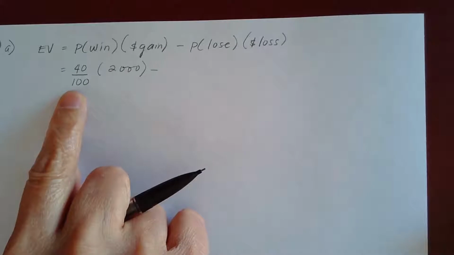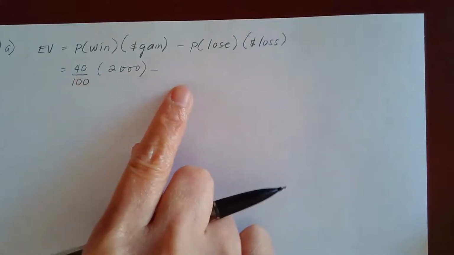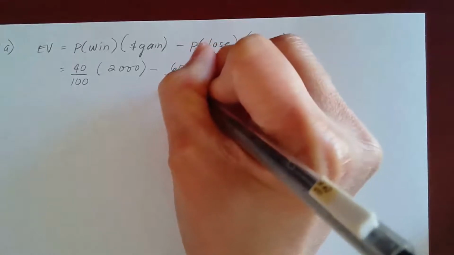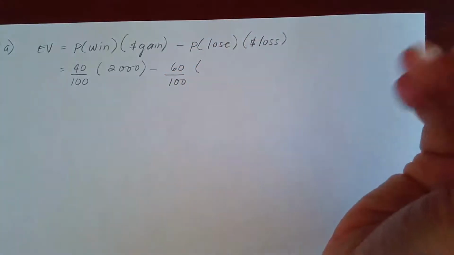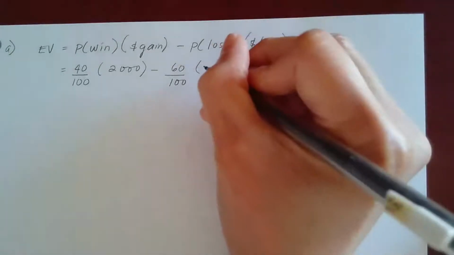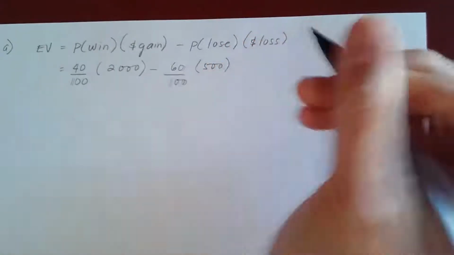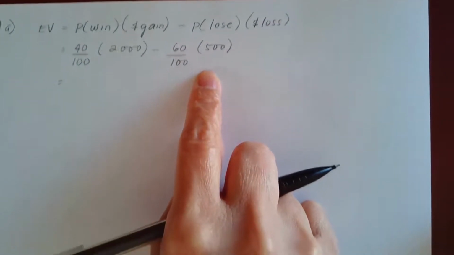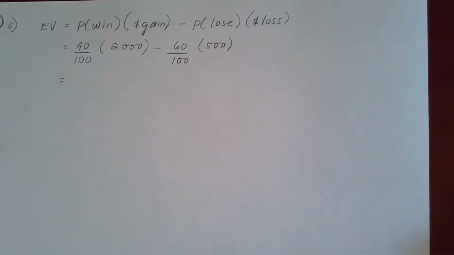Now, if I win 40%, that means I'm gonna lose 60%. So 60 out of 100. And if I lose, I'm gonna lose all of my investment. I'm gonna lose my 500 bucks. So calculating all that information. So 40 out of 100, so 0.4.